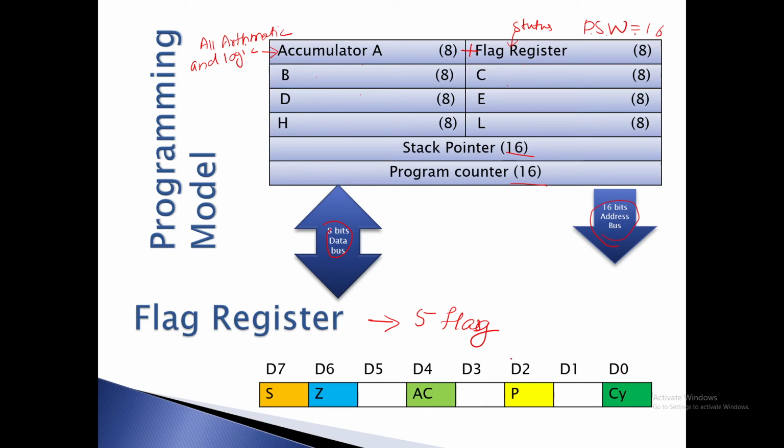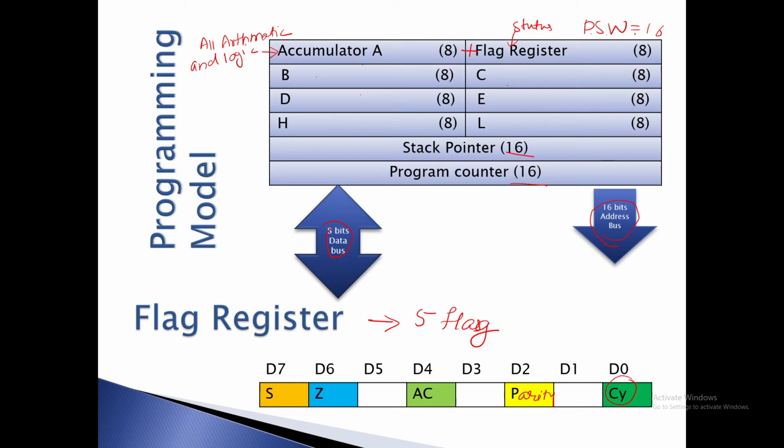As you can see, this is the 8-bit register D0, D1, D2, D3, D4, D5, D6, D7. Now, D0 acts as the carry flag. Due to any arithmetical or logical operation, if a carry is generated, then the carry will be stored in the carry flag. Similarly, D2 acts as the parity flag.